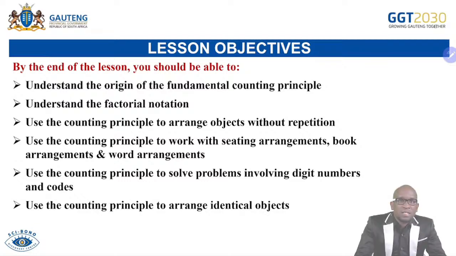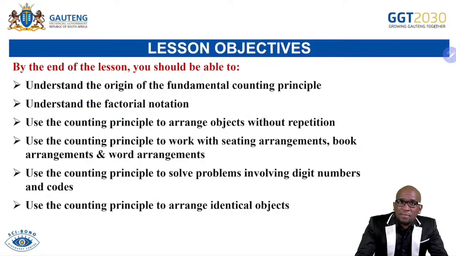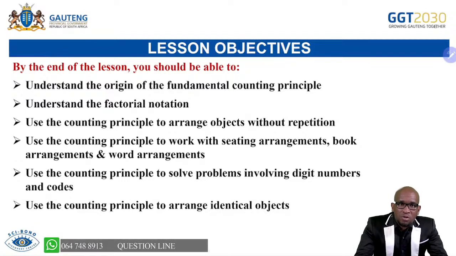By the end of this lesson, you should be able to understand the origin of the fundamental counting principle. You should understand the factorial notation as one of the most important notations to be used in the fundamental counting principle. You should be able to use the fundamental counting principle to arrange objects without repetition.